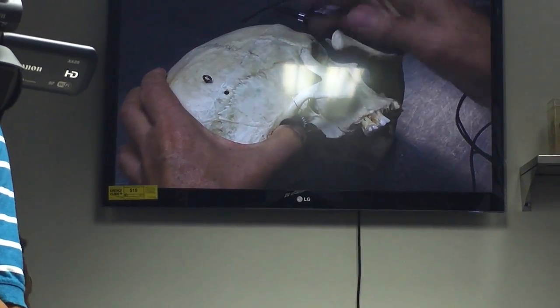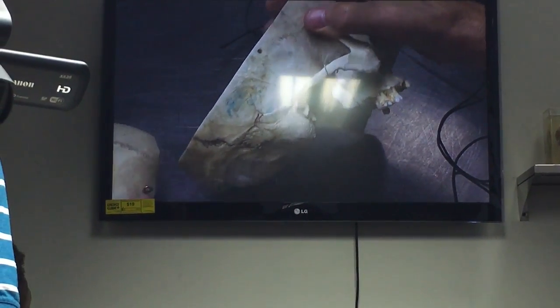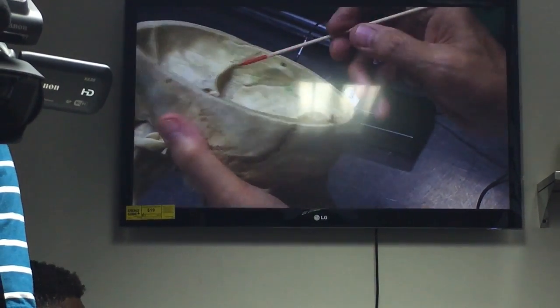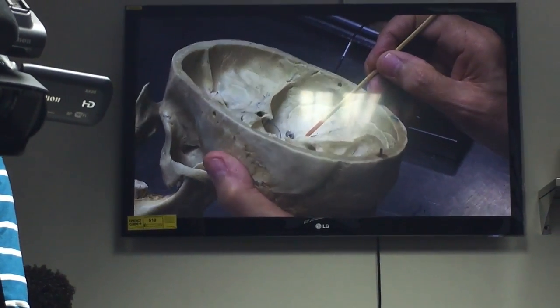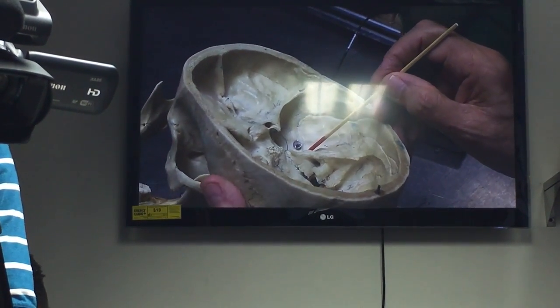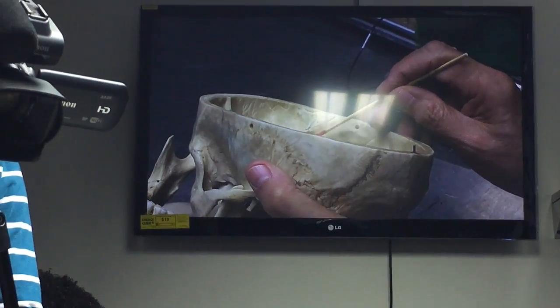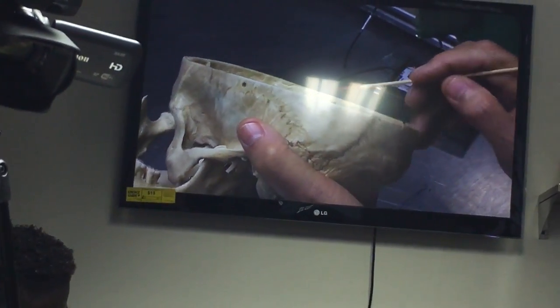And we saw last week that that H shape represents the middle meningeal artery, which comes up through the foramen spinosum here, right? And it has two branches, an anterior branch and a posterior branch.